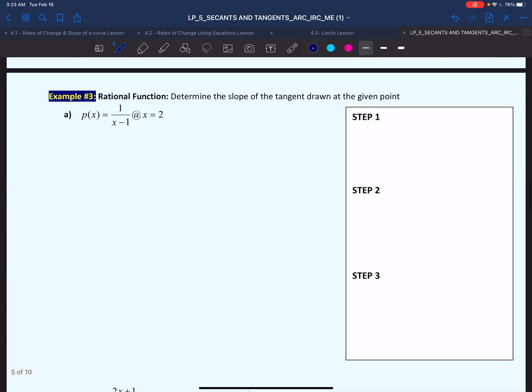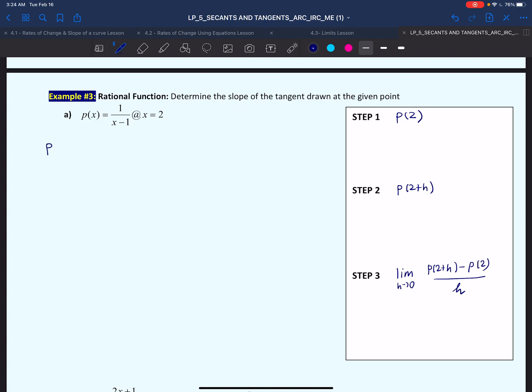And now we're going to take a look at a rational function, and we'll find the slope of the tangent at the given point. So same idea. Here we're going to start with finding p of 2, and then p at 2 plus h. And then we're going to find the limit as h approaches 0 of p of 2 plus h minus p of 2 over h.